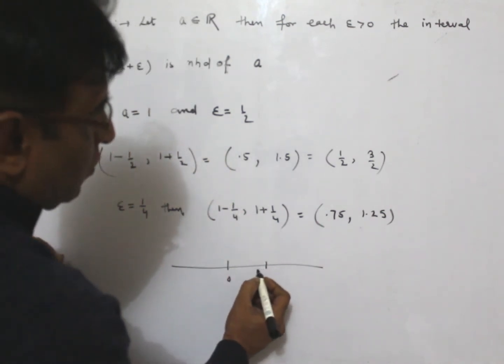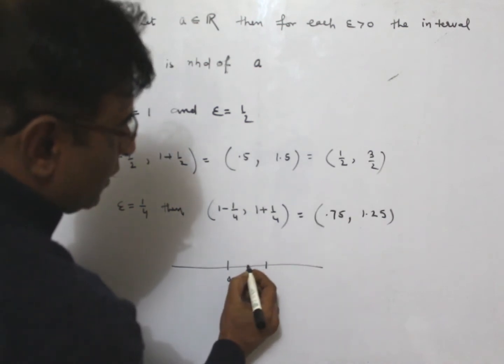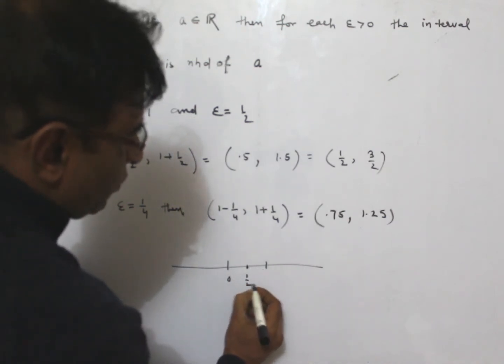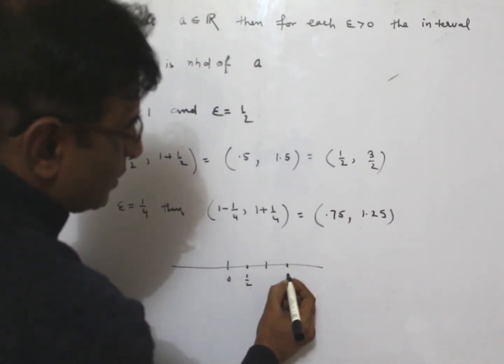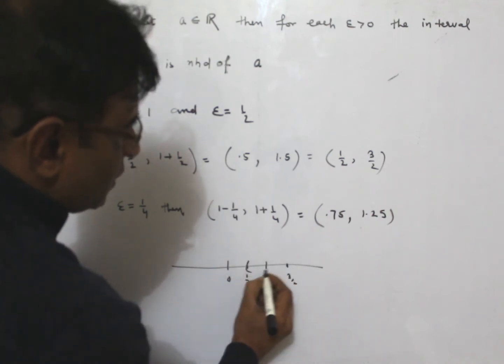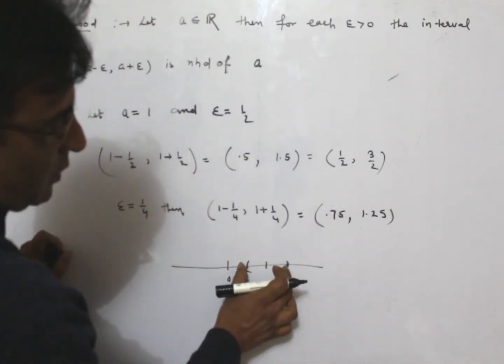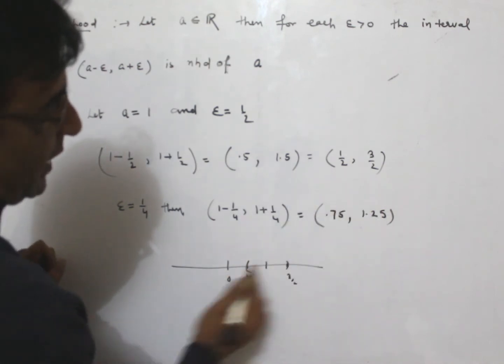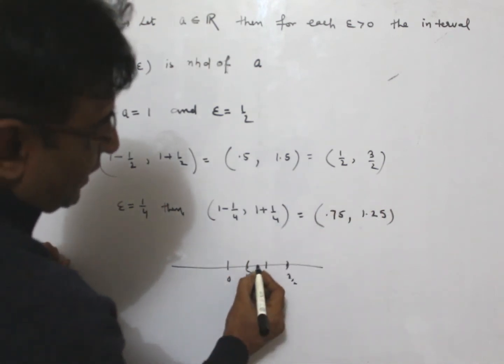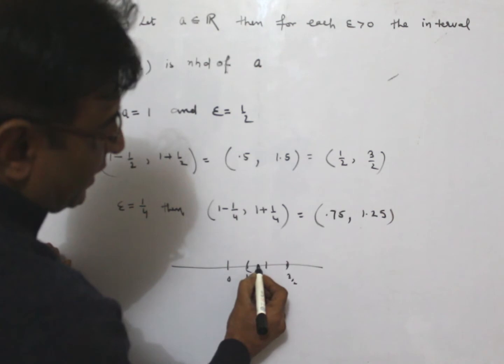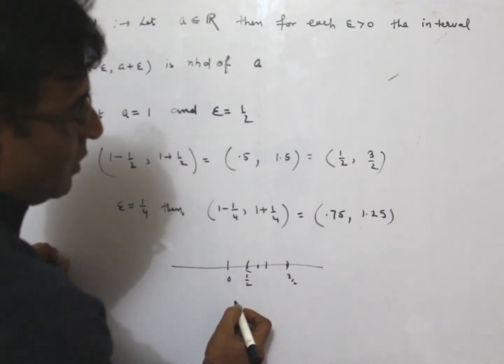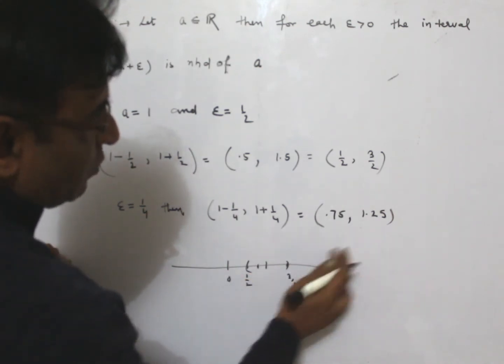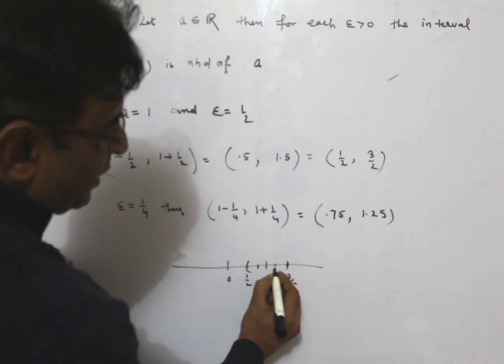So this interval gives the value, this is 1 by 2 and this is 3 by 2. So this interval is of this length. And if I take this, then 0.75 will lie here, it is the fourth value, and this value lies somewhere here.